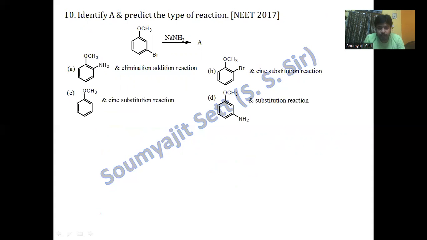This is a very good question. This reaction goes via a benzyne intermediate. Let's see how it will proceed. This reaction.